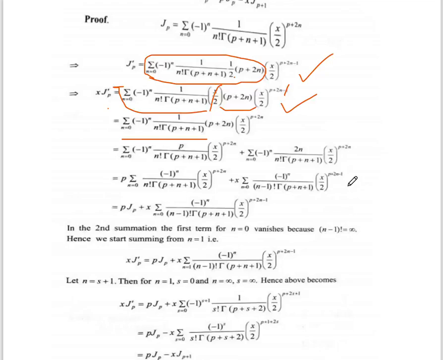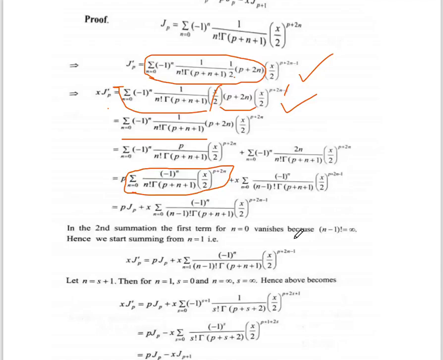We can write it in this way. This first term is equal to p times Jp, by using the formula of Jp of x. So this is nothing but Jp of x, plus x times the summation, with this term as it is, minus 1 to the power n as it is.